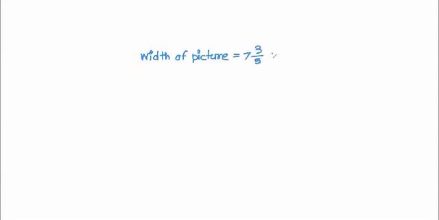So to do that, let's write the givens. The width of the picture is equal to 7, 3 upon 5 centimeter. And the width of the frame is equal to 7, 3 upon 10 centimeter.